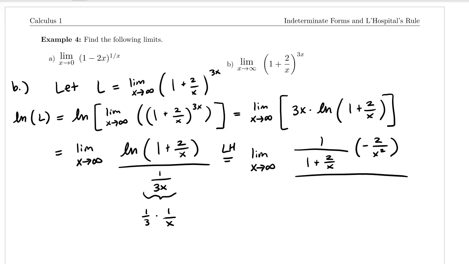And 1 over x is the same thing as x to the negative 1 power. So if I wanted to take the derivative of that using the power rule, I'd bring down the power of negative 1 times x to the negative 2 power. So my derivative over here is negative 1 over 3x squared.